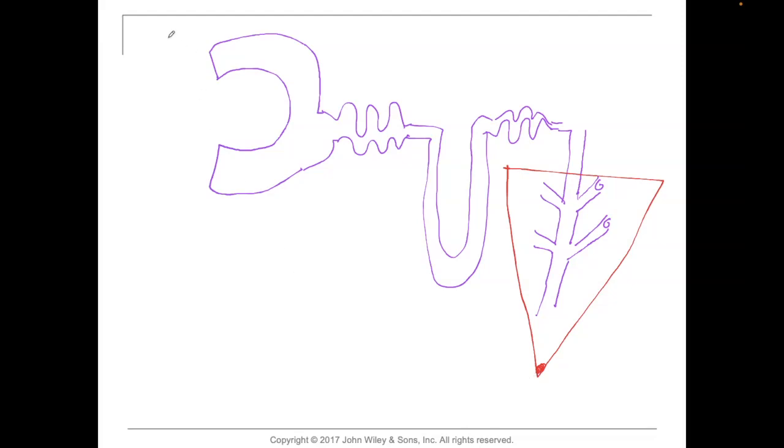All right, so now we have afferent arteriole bringing blood into the glomerulus, which is housed by the Bowman's capsule. And then we have the much smaller diameter bringing blood this way, efferent arteriole.